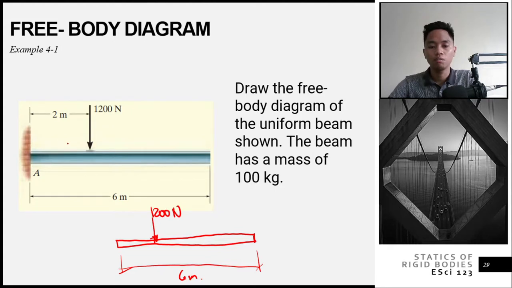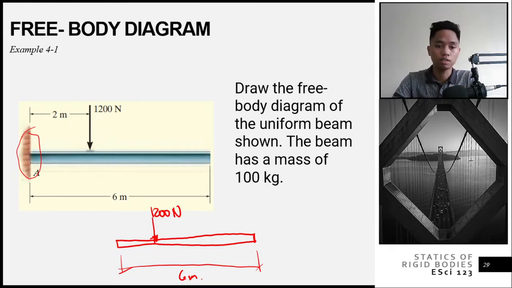Then, please take note that this is a support. So we need to consider the force or the reactions exerted by the support because we removed it. But if we remove it, you need to replace it with the equivalent reaction.